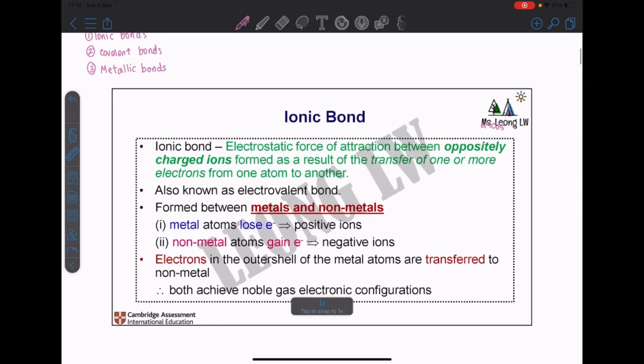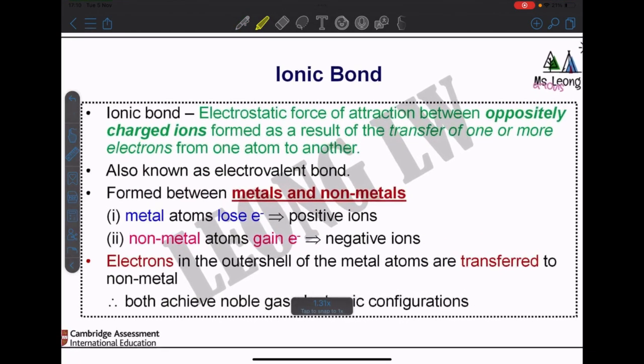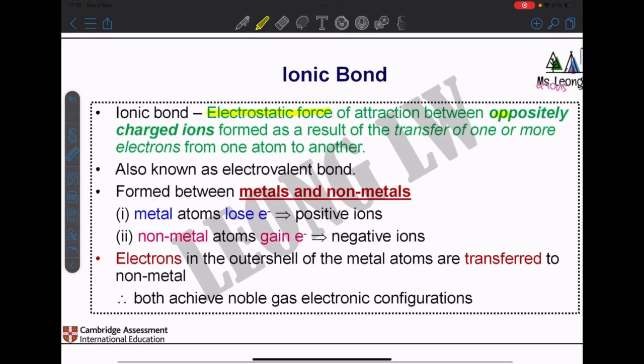As you can see here, the definition says that it is the electrostatic force of attraction between oppositely charged ions formed as a result of the transfer of one or more electrons from one atom to the other.